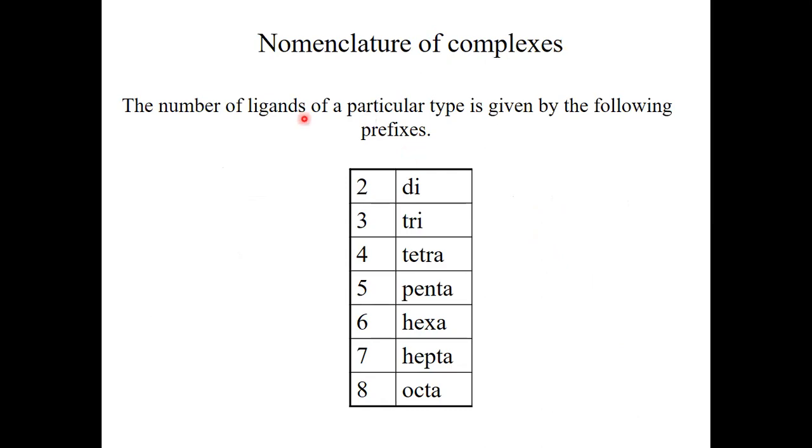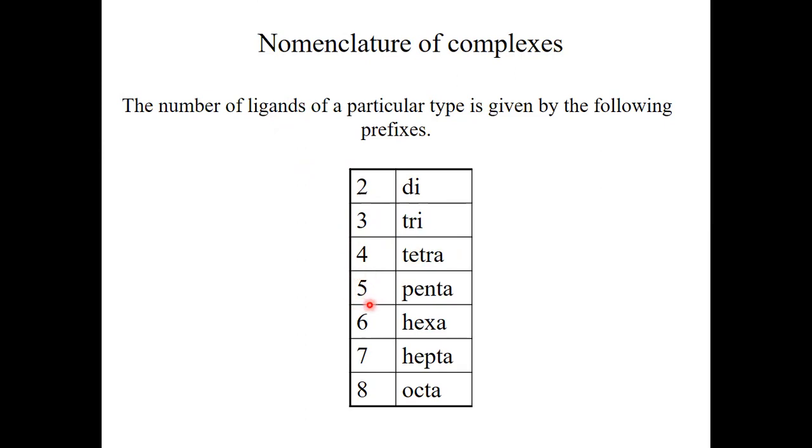So the first thing that we have to realize is that when we count the number of ligands that are attached to a particular metal ion, then this number is indicated by a Greek prefix, which is placed before the name of the ligand. So when there are 2 ligands, we use the prefix di. When there are 3 ligands, we use the prefix tri. When there are 4, we use the prefix tetra.